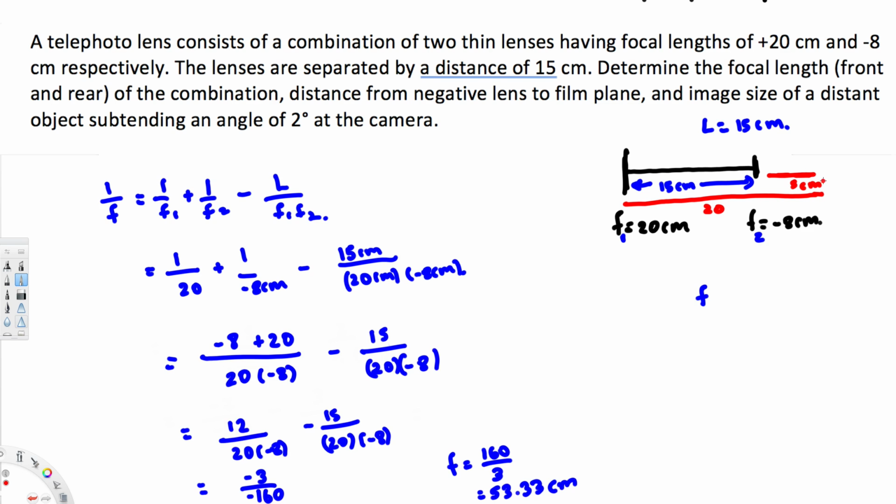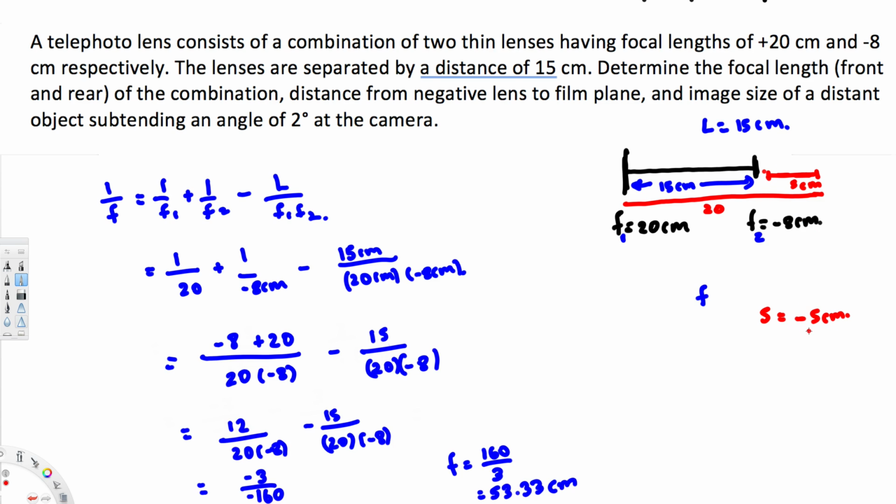This image is the object for the second lens, 5 centimeter away from this lens, and on the negative side because it is the back side, so the object distance for the second lens is negative 5 centimeter.